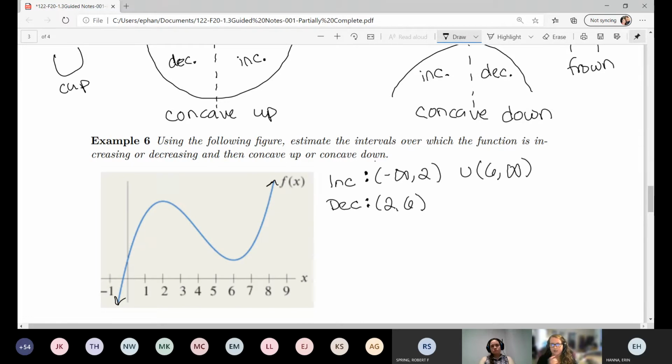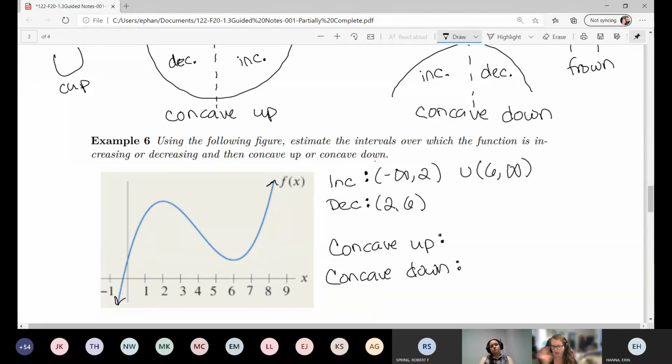But now we want to look at this new idea of concave up and concave down. Now, this idea is a lot harder to see at first, especially it's very hard to see where it changes. So a lot of times that's why you're going to see estimate, because we're just going to get a general idea for where it's going to change.